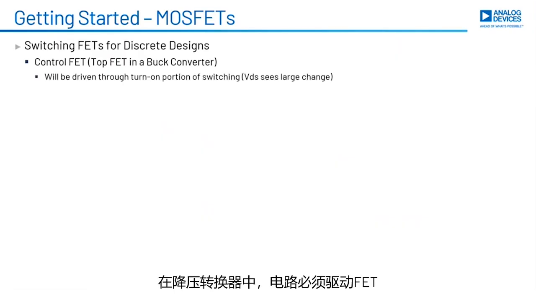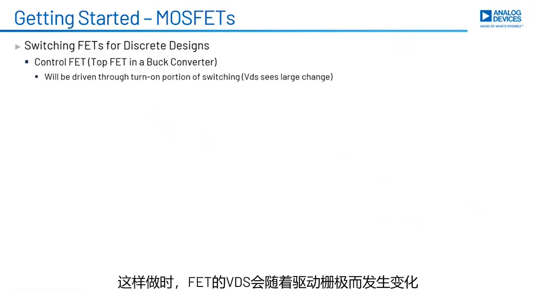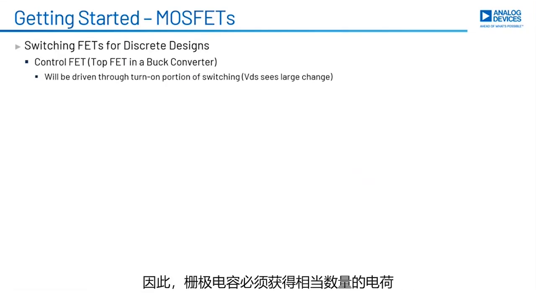For the control FET, the circuit will have to drive the FET to pull the switch node up from ground up to V in a buck converter. And when you do that, the VDS of the FET is changing as you're driving the gate. And as a result, you have to provide a fair amount of charge to the gate capacitance in order to make that FET pull up and actively drive the switch node.